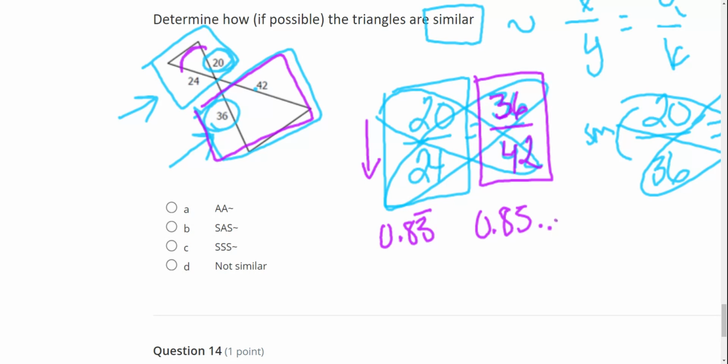Do those match? Absolutely not. These are not similar. If these matched, if these were the same, then it would be side, angle, side, because I've got a side and then the vertical angle and then another side. Because they do not match, these are not similar.